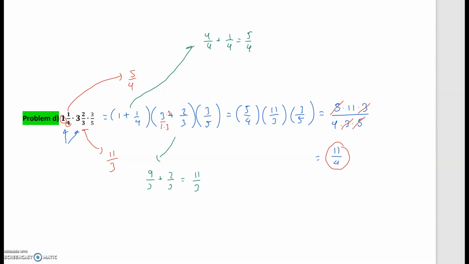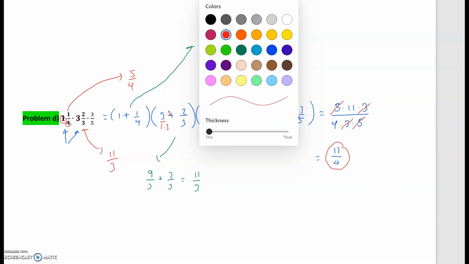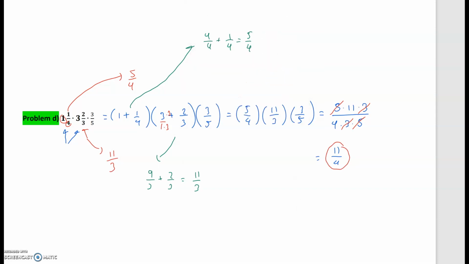11/4 will be fine. Another way to express this, and I'm just referring to the first two values that we have here, is 2 and 2/4.